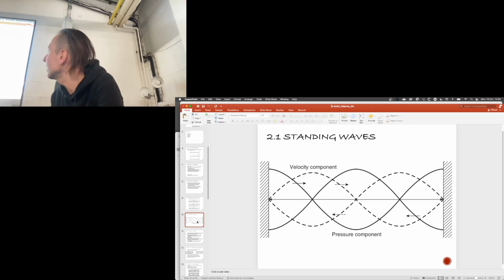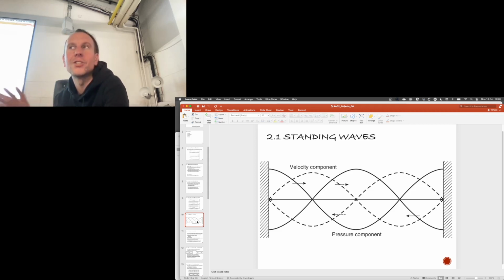Now, the other thing that this relates to is the fact that our ears are pressure devices. They're not velocity devices, and this is quite interesting if you study further into electroacoustics.